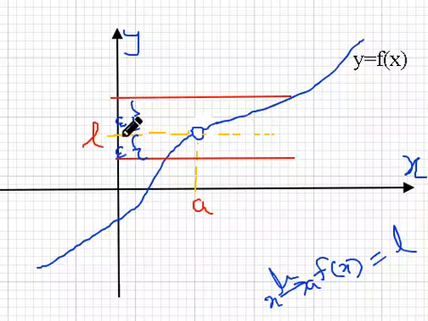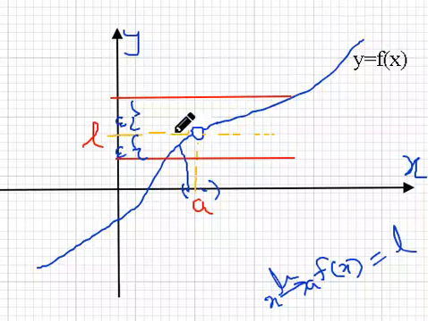If you draw any strip around this L, I can guarantee you that I'm able to find an interval around a such that these x values in this interval map into this strip here, the red horizontal strip. So this one is the definition.